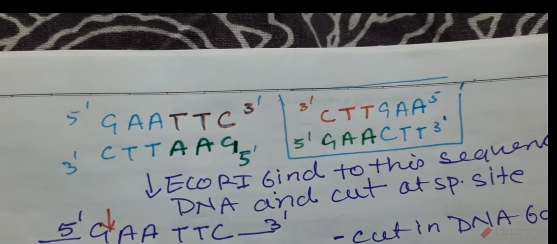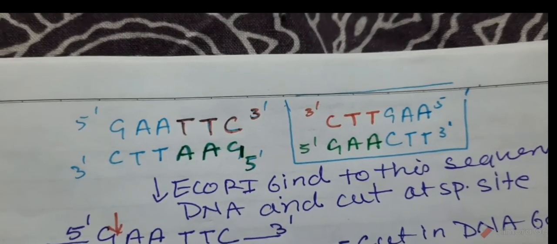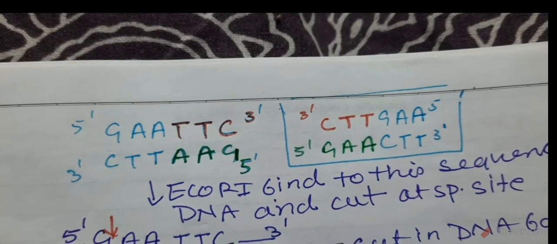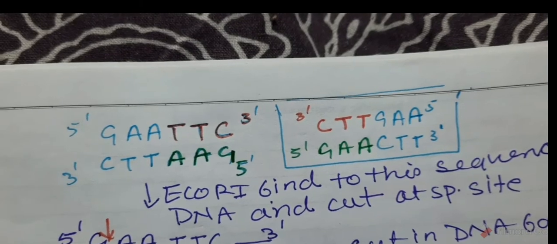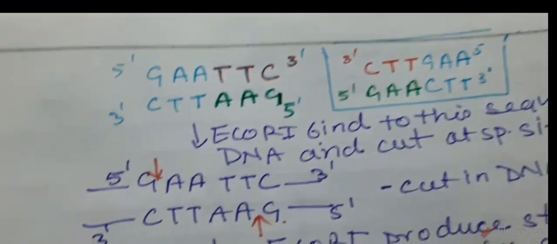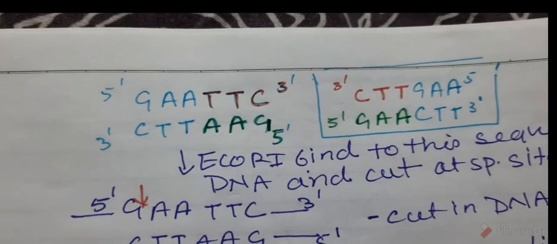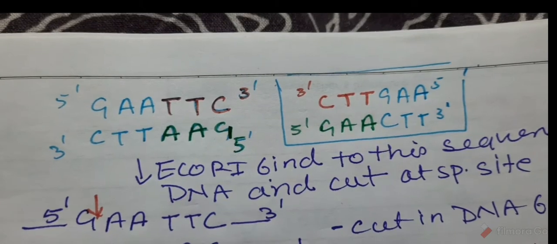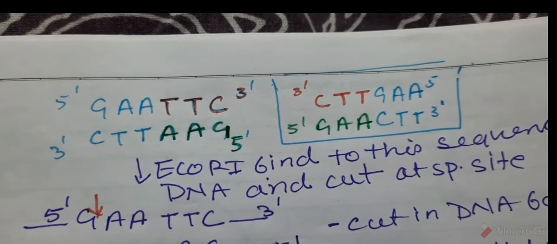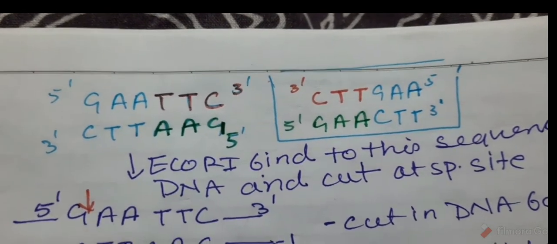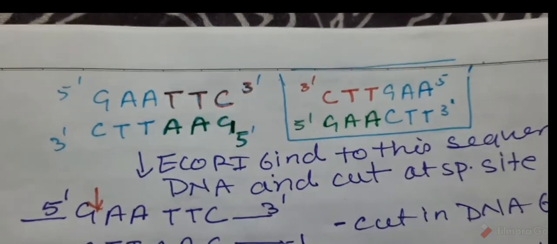If I read the same from the 3' to 5' direction, it will be CTTAAG. And the second one, 3' to 5' is CTTAAG, and if you read in the 5' to 3' direction, it will be GAATTC.